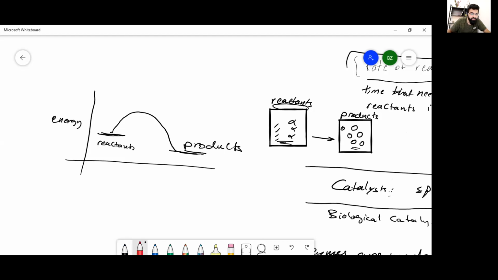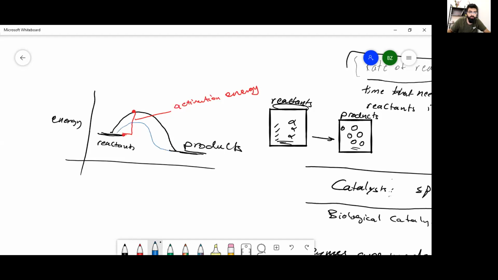From the reactants to the highest point, you remember, this is the activation energy, right? If you add enzyme to these reactants, enzymes lower the activation energy. It becomes like that, for example.